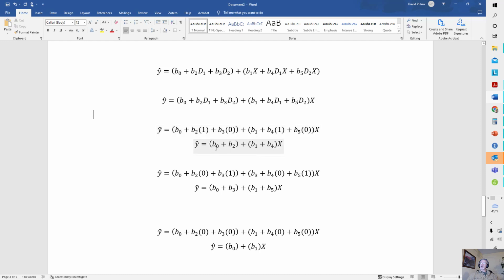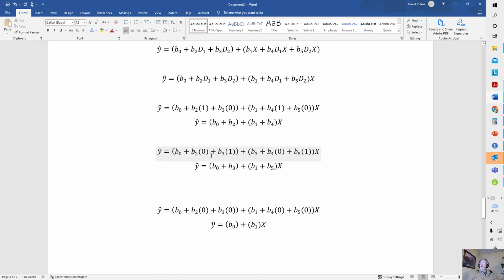That leaves me with B0 plus B2, how the intercept changes as a function of being an engineer. B1 plus B4, the initial slope and how the slope changes. Then over here, for business majors, I get the B0, the B3 this time, the B2 cancels out, multiplied by the 0. This should be a B1. B1 plus B5 for how business majors change.